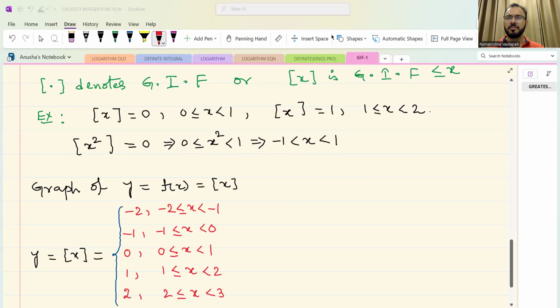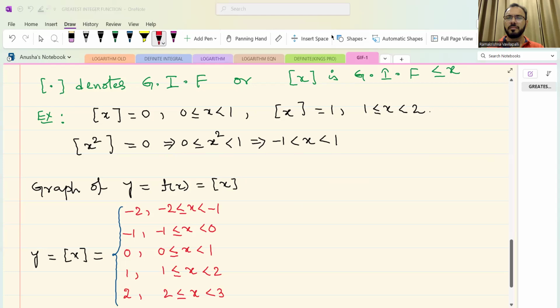Now you try to draw the y equal to 1 line, at 1 unit height, parallel to the x-axis, like this. Here you keep the circle because 2 is not included, whereas 1 is included.